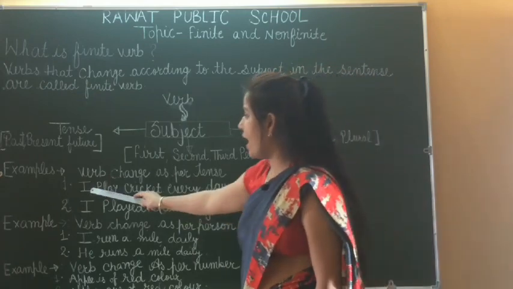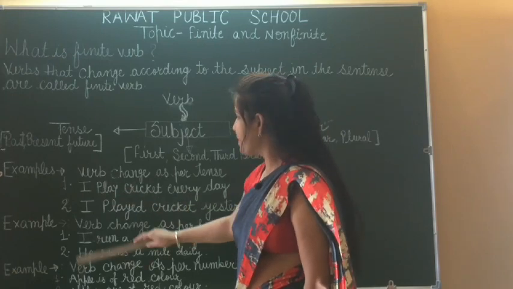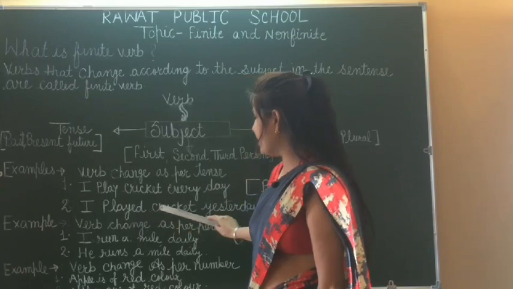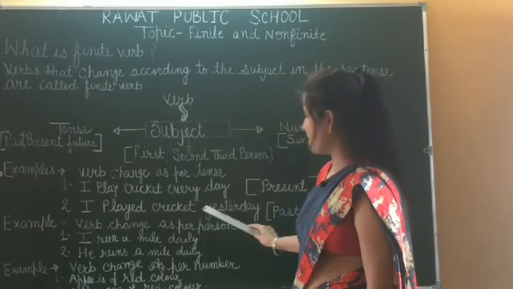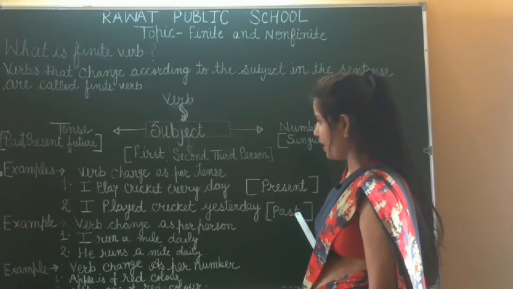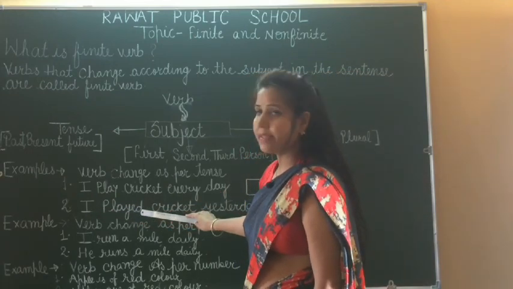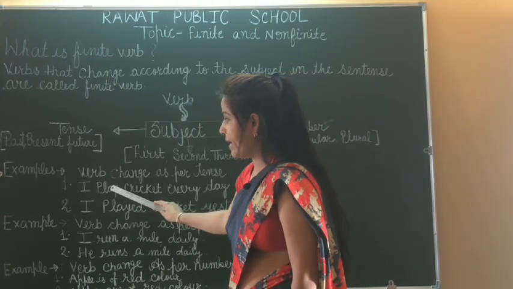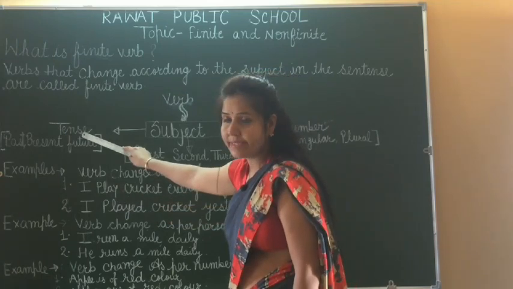I is a subject and play is a verb. Now the second example: I played cricket yesterday. This sentence is written in past tense. I is a subject, played is a verb. So the verb play changes to played as per the tense.